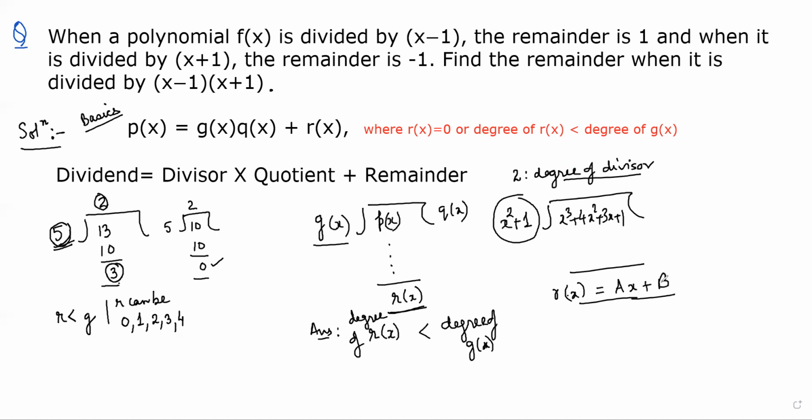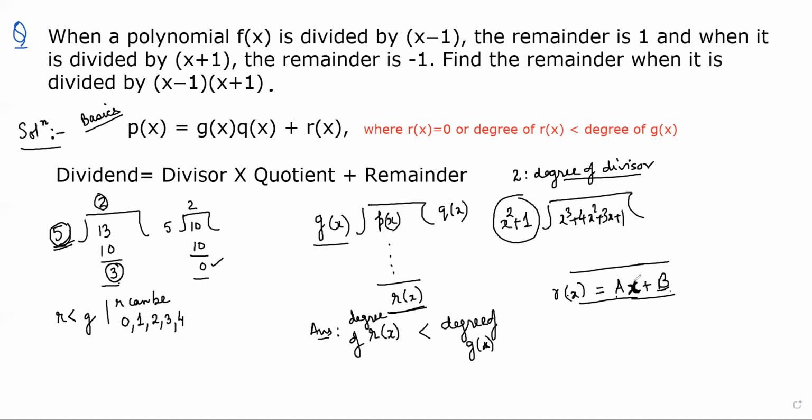Finding both a and b is our job here. A can be 0, no problem. B can also be 0, that's not a problem. But the remainder cannot have a degree more than 1.